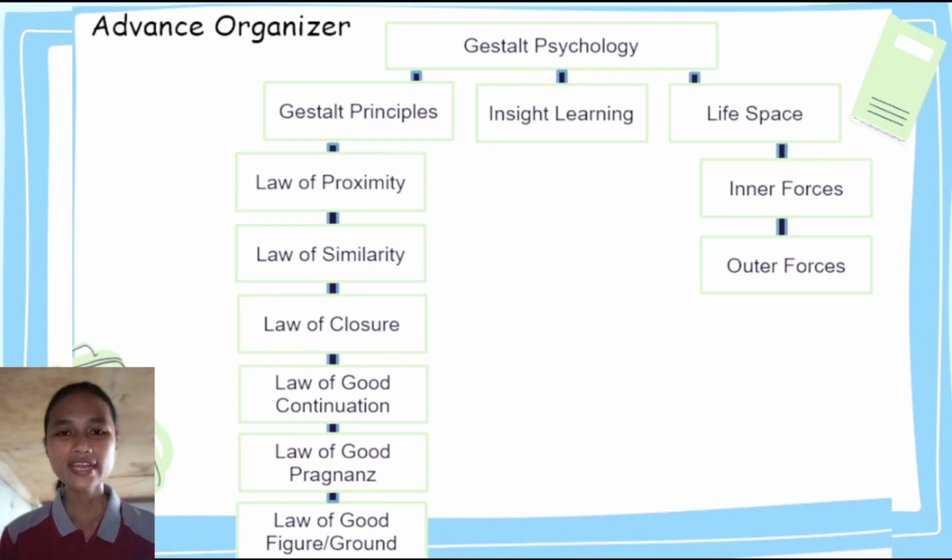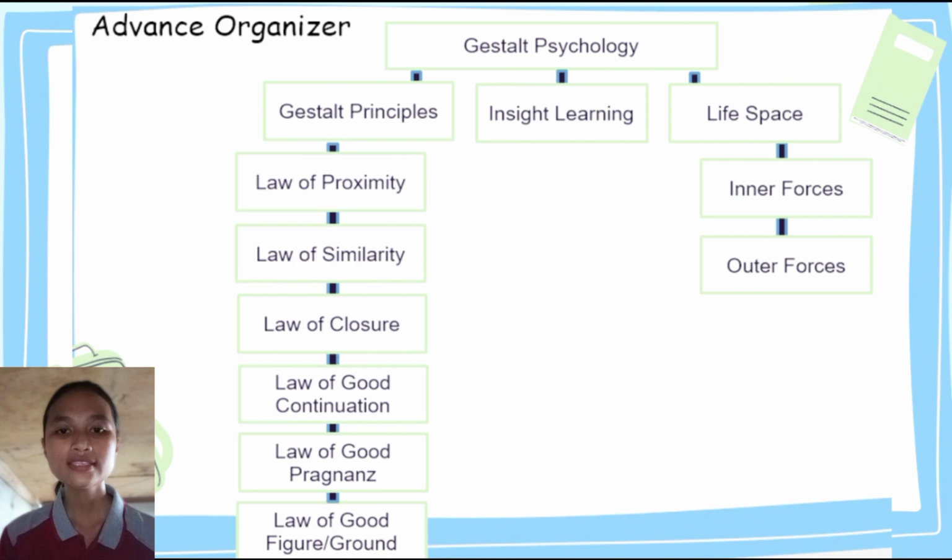In the advanced organizer, as you see in the picture, in Gestalt psychology we are going to tackle the Gestalt principles, insight learning, and lastly the life space. Gestalt principles have six principles.